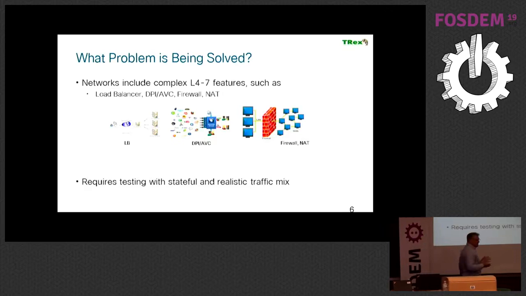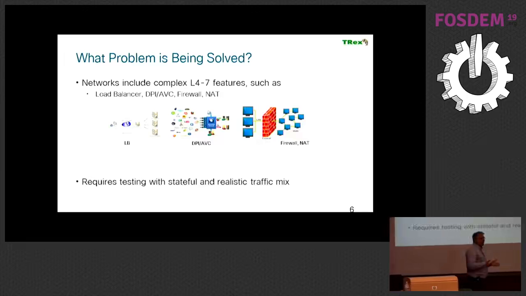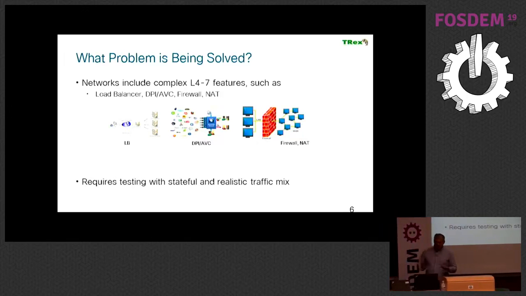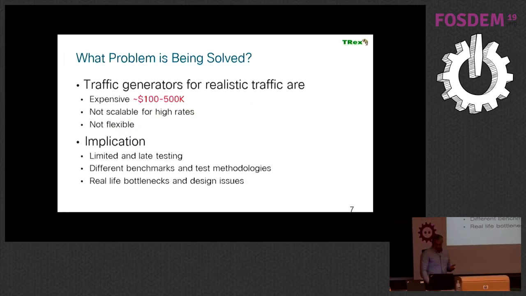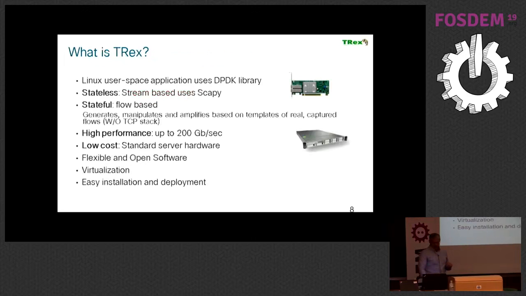And by bumping UDP packets and short packets, we won't get any reasonable number, right? It won't give us anything. Because of that, we need to generate realistic traffic. The problem is that realistic traffic is really expensive, like 500K for 50 gig or 100 gig, and it's not flexible, and this is the reason that we open sourced this.